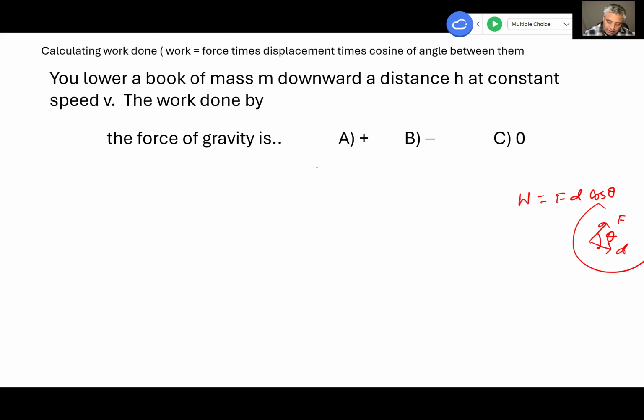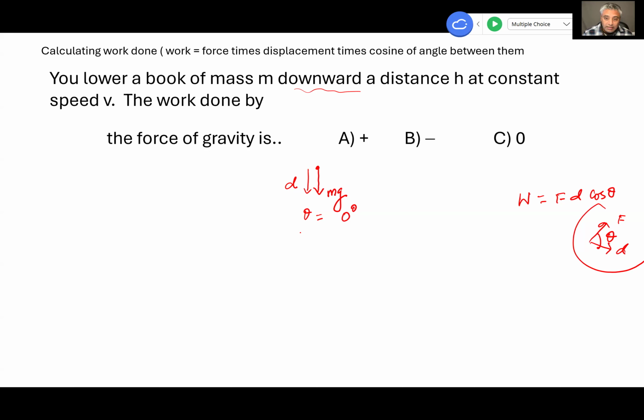So in this case, force of gravity means it's always acting vertically down. And the displacement, since you are moving this downward, displacement is also down. So the angle between them is 0 degrees because both of them are pointing down.